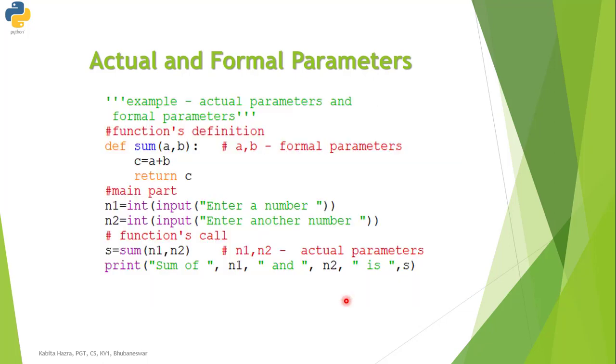We have just one example, the same example that we have done but with a different name, that is add. We have already discussed the formal parameters and the actual parameters and how this function is executed. In the next session we will be discussing some more concepts regarding parameters.